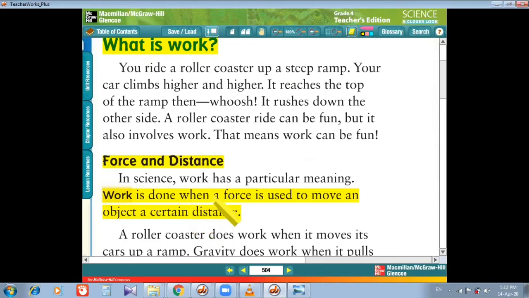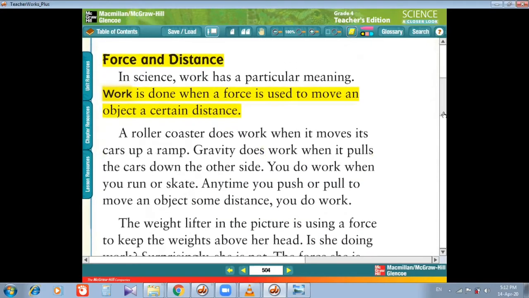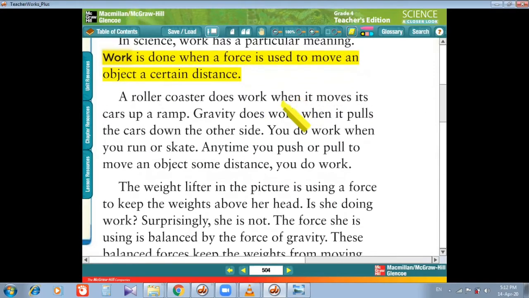Work is done when a force is used, when we apply force. Why? To move an object to cover a certain distance. That is called work in science. A roller coaster does work when it moves its cars up a ramp. When the roller coaster goes high or comes back, it is covering some distance. So that is work. Gravity does work when it pulls the cars down the other side.